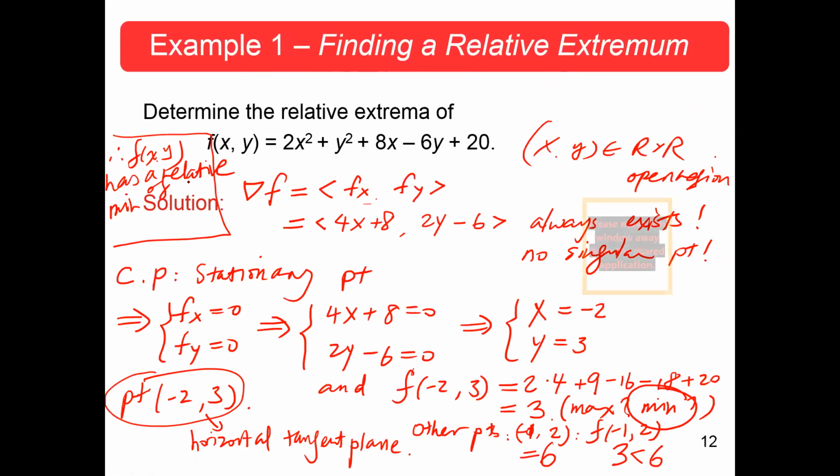Relative min of 3 at the point negative 2, 3.